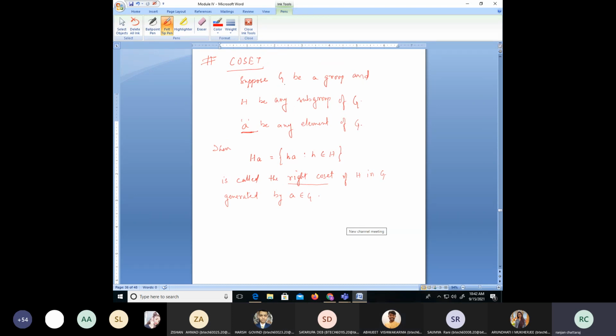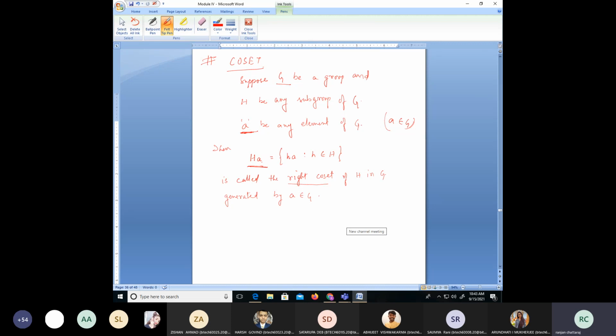You see, G is any group with respect to any binary composition, and H is a subgroup of that G. Now consider an element A that belongs to G. Now we consider a set denoted by capital H into A. Actually, it is asterisk.